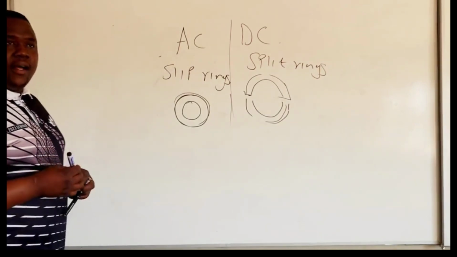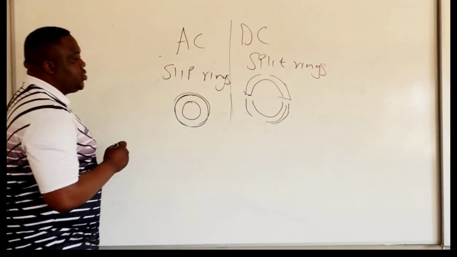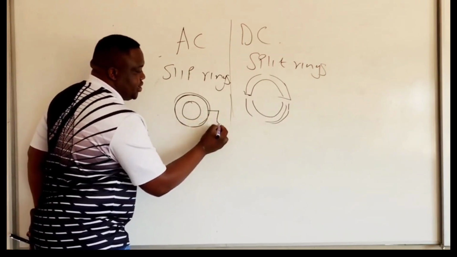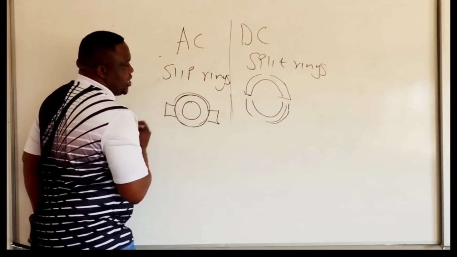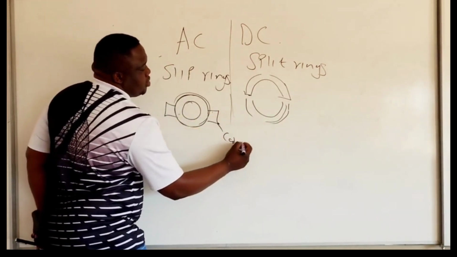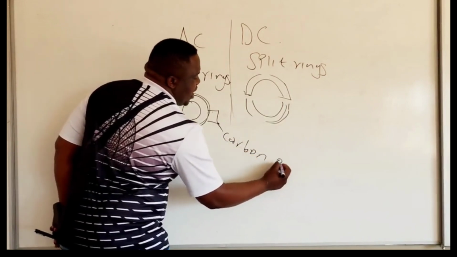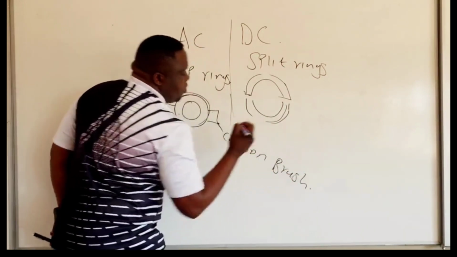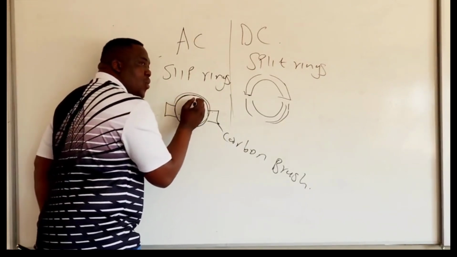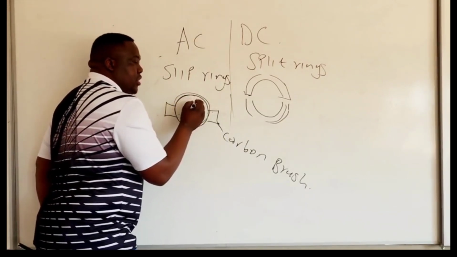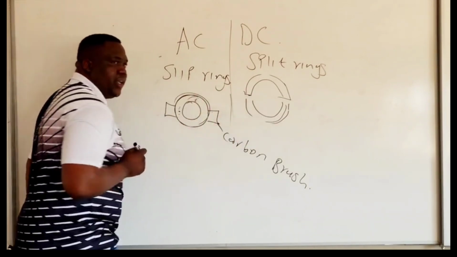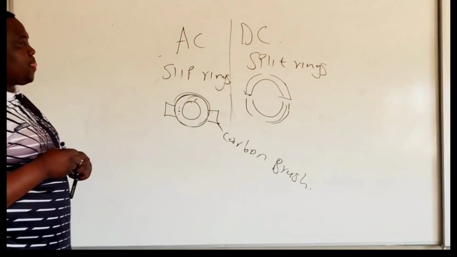So there are other things which we need to explain, their functions. We've got carbon brushes. The first thing we need to know is how the slip ring functions and how the split ring functions.